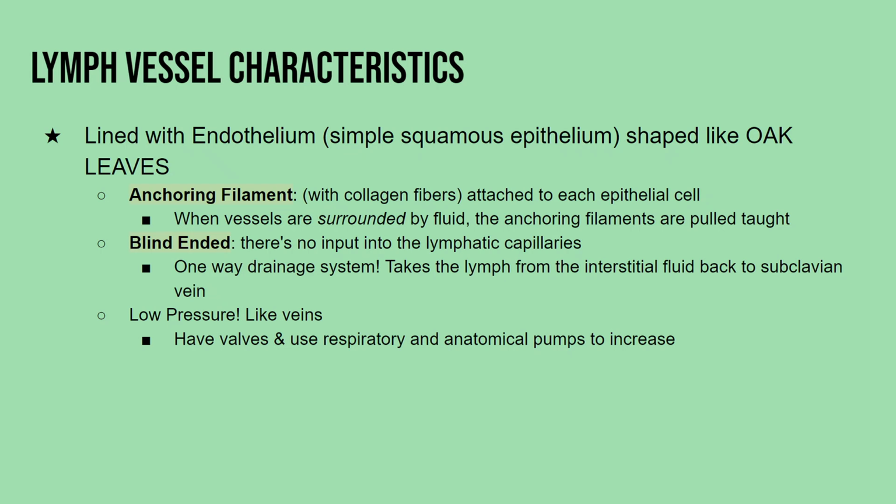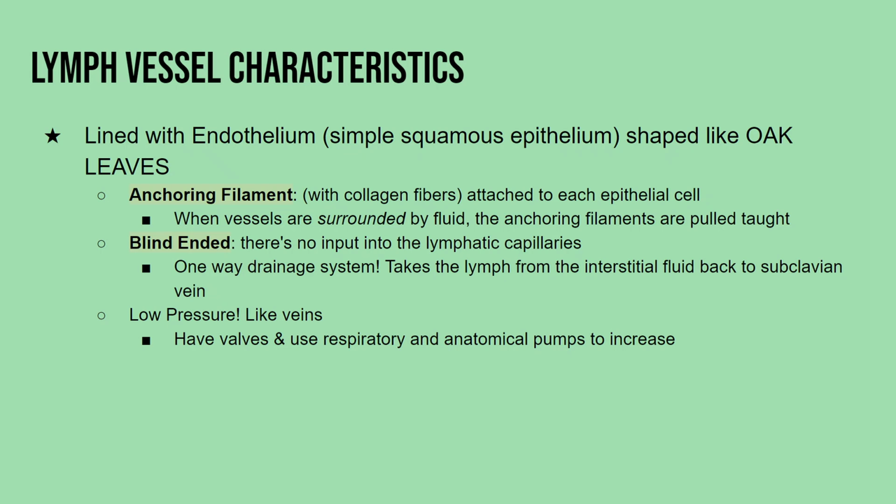Here are some characteristics of lymph vessels. They're lined with endothelium, that's simple squamous endothelium, which means that they're really thin, and they're shaped like oak leaves. They have anchoring filaments between them that are made of collagen fibers. So those are attached to each endothelial cell. When the vessels are surrounded by fluid, they stretch and are pulled taut.